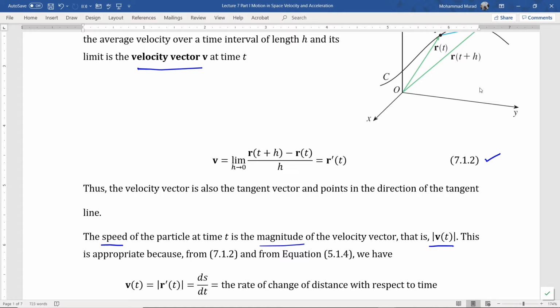This is appropriate because from equation 7.1.2 and from equation 5.1.4 from lecture 5 part 1, we have that the magnitude of the velocity vector is equal to the magnitude of the derivative of the position vector, which is equal to the derivative of the arc length function with respect to time, or the rate of change of distance with respect to time.